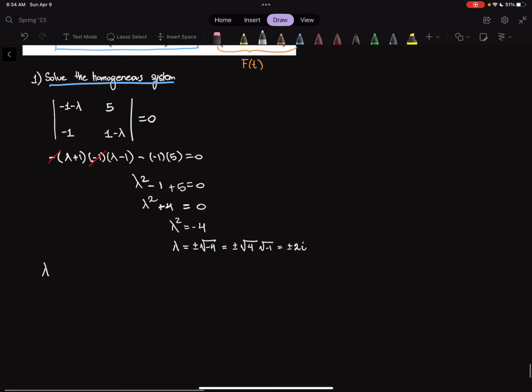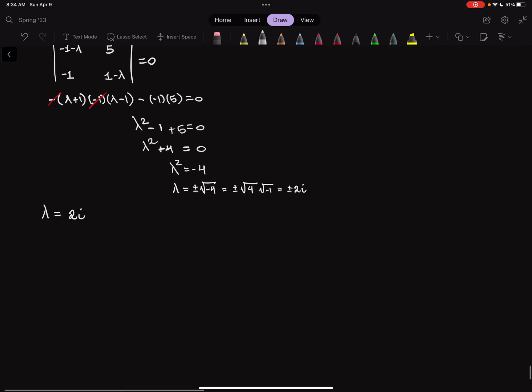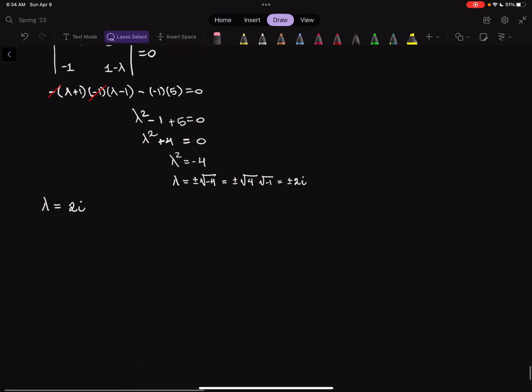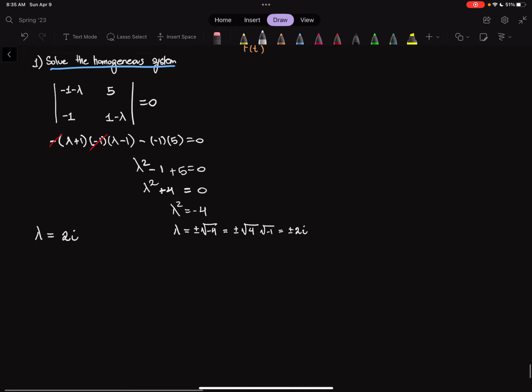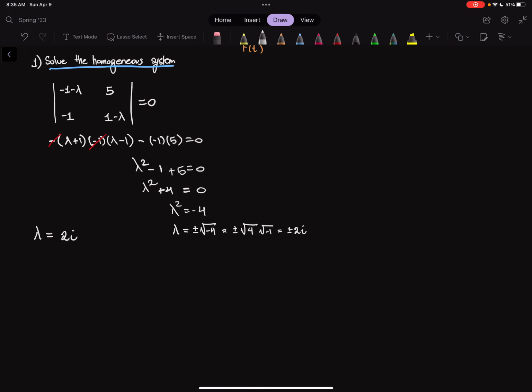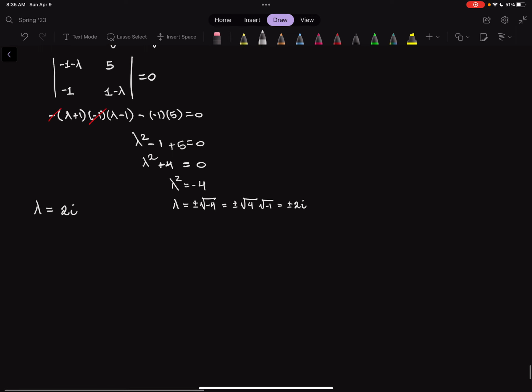Now I'm just going to look, since I know that I have to do this process with complex eigenvalues only for one of the two, and then the other eigenvector will be the conjugate of the first one I find.